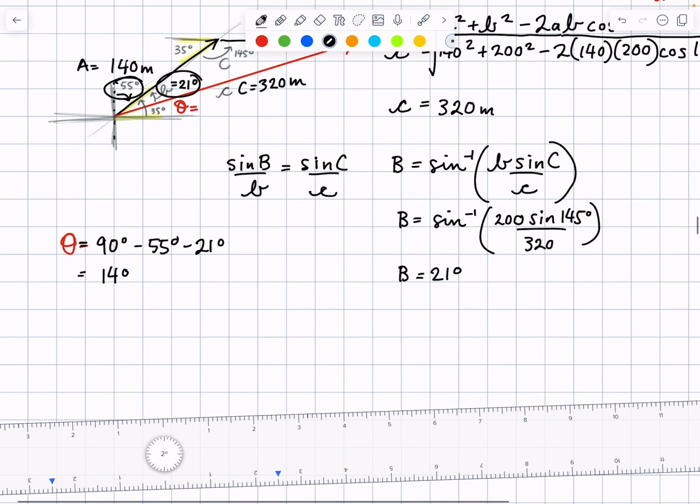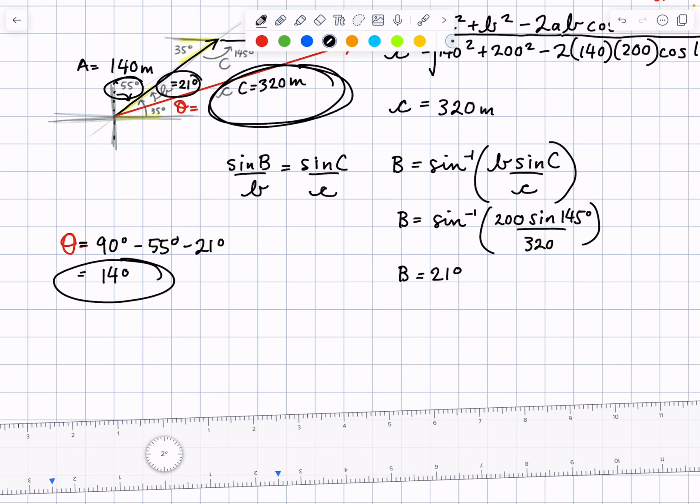So we can state the magnitude and direction of our total displacement. Therefore, our total displacement using the sine and cosine law is 320 meters, 14 degrees north of east.